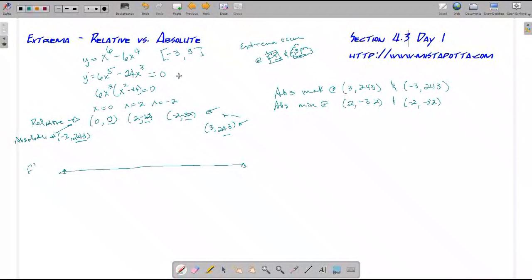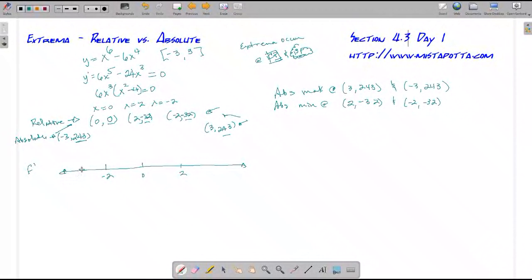What I notice is, of course, I've got critical points at negative 2, at 0, and at 2. Those are my critical values. So I need to take a look at the derivative at these four intervals that I've divided here. I'm going to start by taking a look at any value that's less than negative 2.